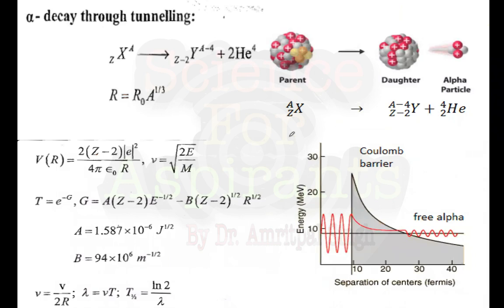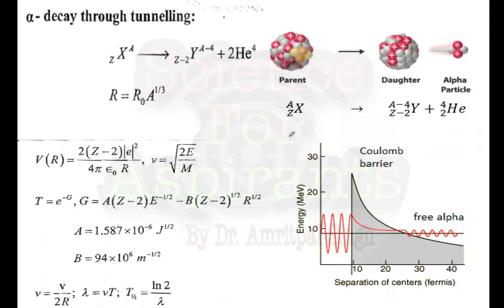Next is quantum mechanical tunneling. Alpha decay is a quantum tunneling process. To be emitted from the nucleus, the alpha particle must penetrate or overcome a potential barrier. This is similar to cluster decay in the atomic nucleus.